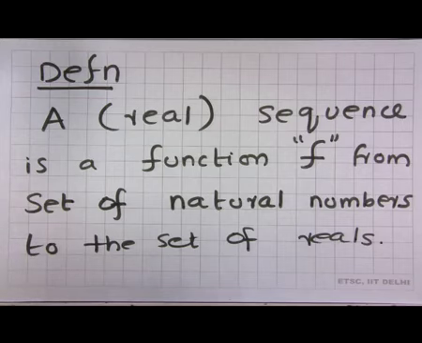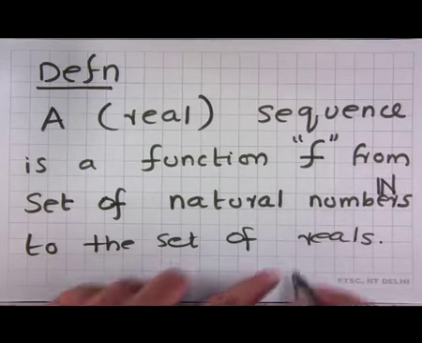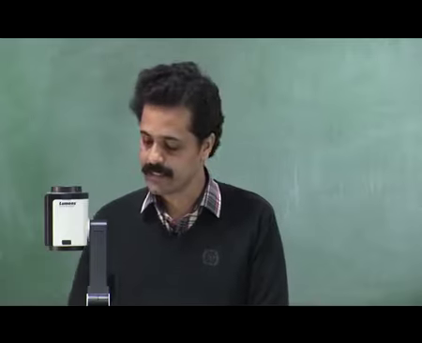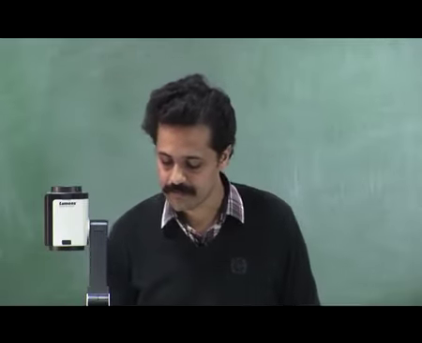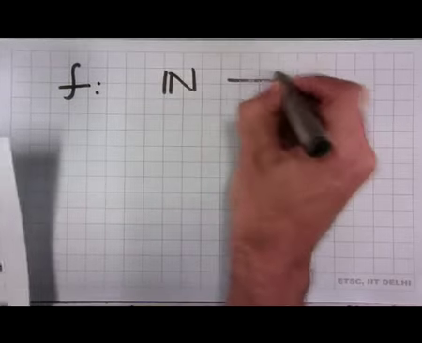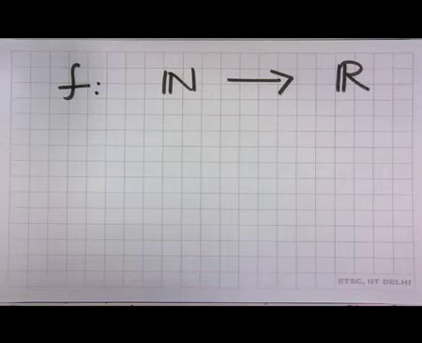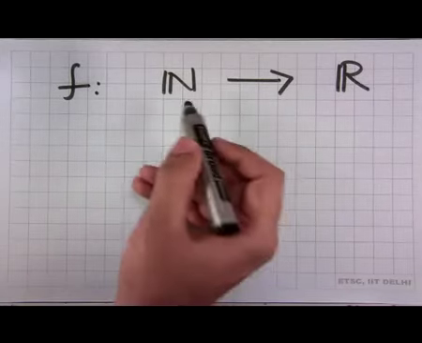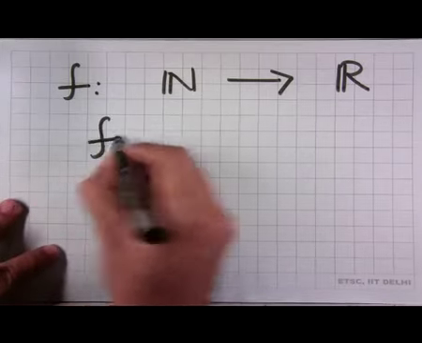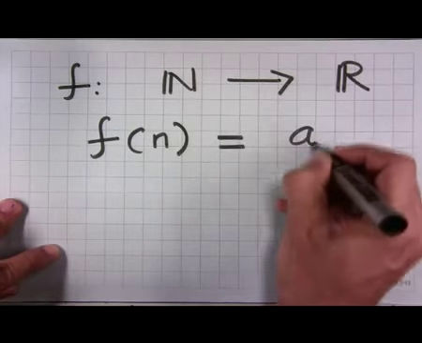If we designate set of natural numbers by N and set of reals by R, a sequence is a function f from N to R. More precisely, a real sequence is a function from N to R. F of n is what we write as a n.